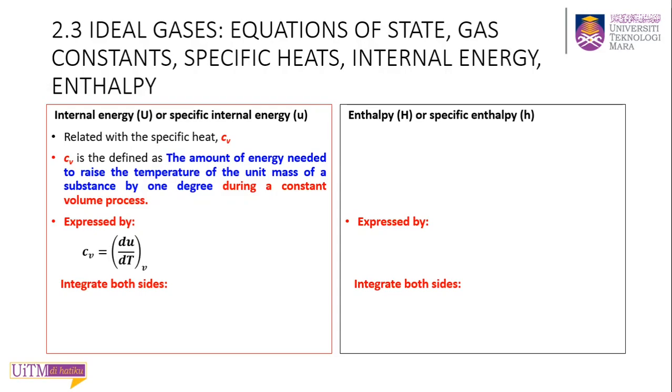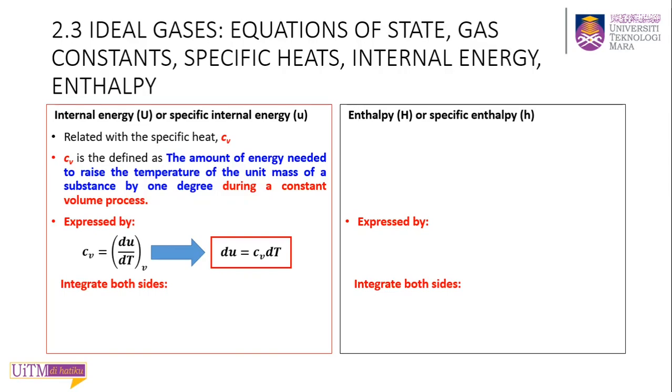Cv equals du over dT, which we can then cross multiply. For your information, du here refers to the change in specific internal energy, and dT here refers to the change in temperature.